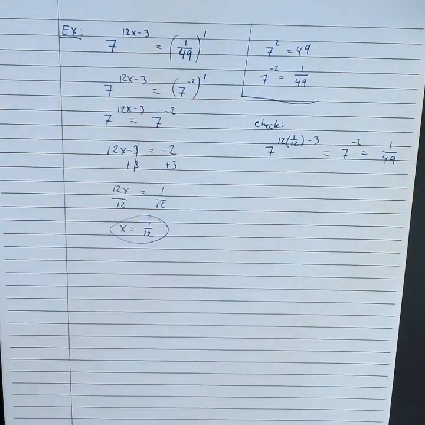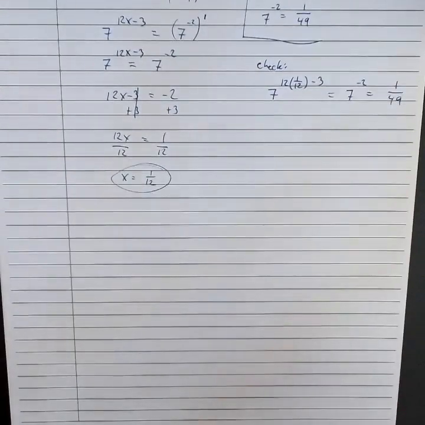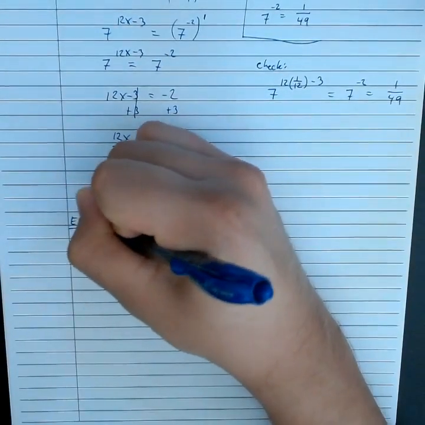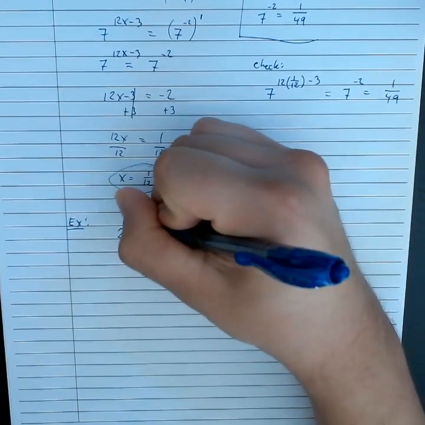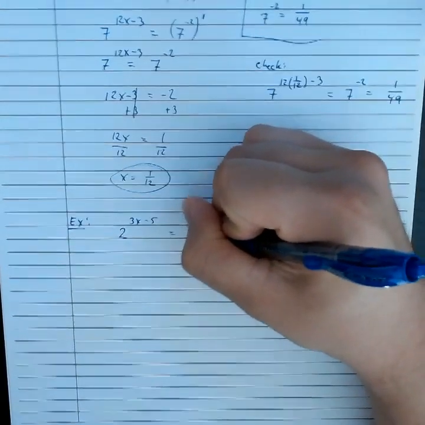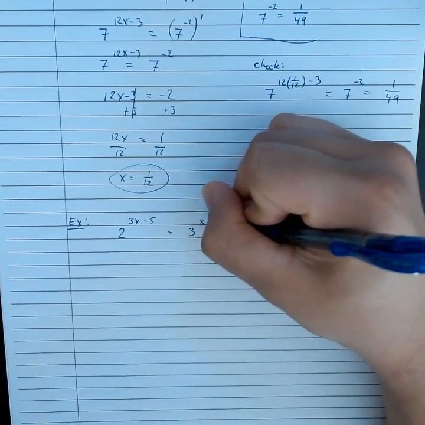Same thing we had here. But there are going to be some cases where you can't write things in the same base, at least not easily. So for example, let's say I have 2 to the power 3x minus 5 is equal to 3 to the power x plus 4.